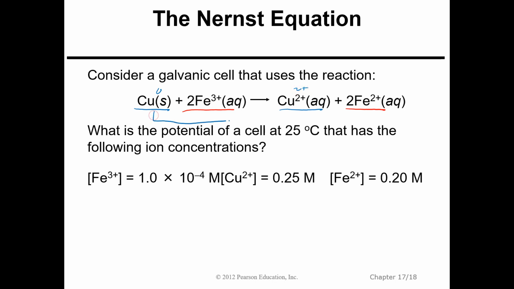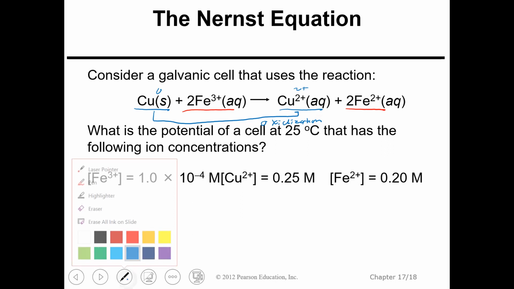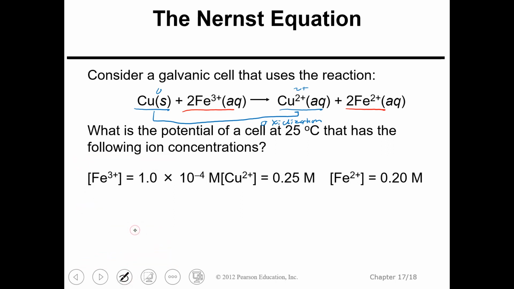So copper lost electrons, which means it's the one that gets oxidized. So it undergoes oxidation. Iron goes from 3 positive to 2 positive, so it gained an electron, which means that it undergoes reduction.